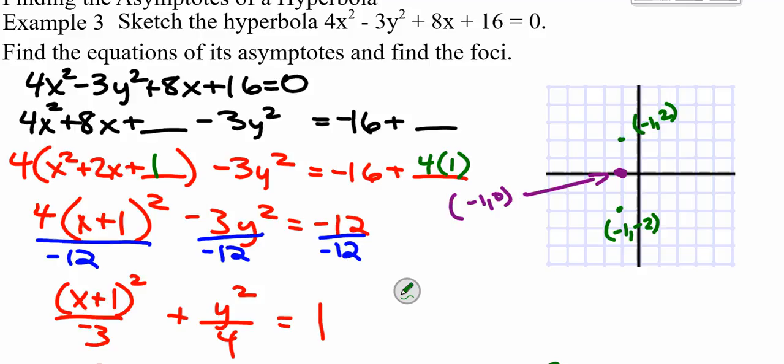So we've got those two vertices. We've got the endpoints of our conjugate axis, and those are at about 0.73 comma 0. I'm going to put that right there, a little hard for me to write. And then -2.73 comma 0 is going to be that other one.